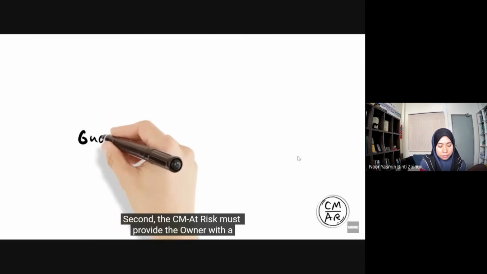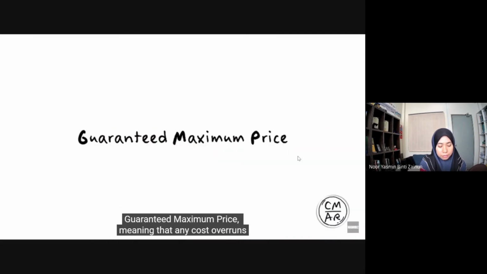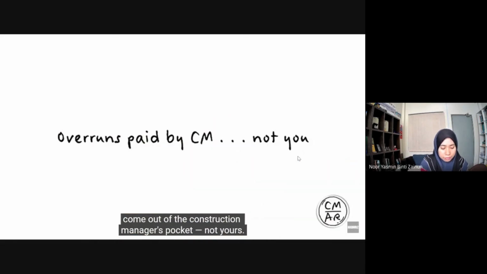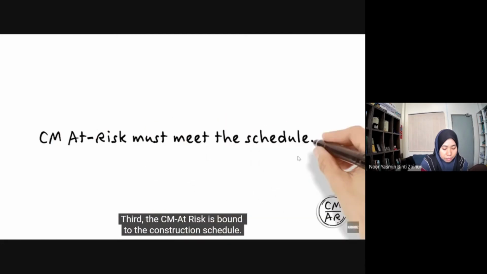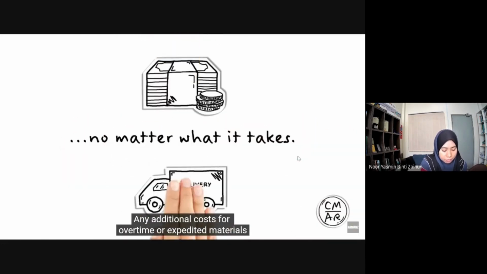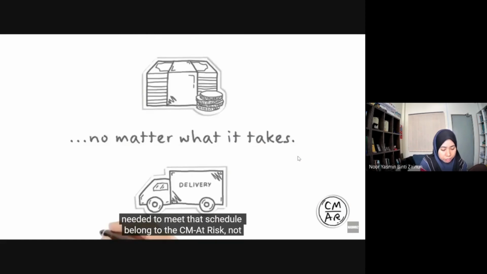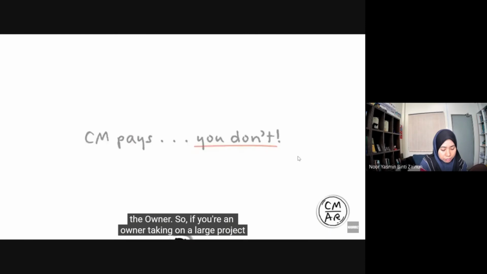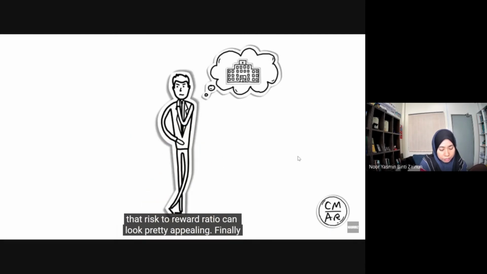Second, the CM at Risk must provide the owner with a guaranteed maximum price, meaning that any cost overruns come out of the construction manager's pocket, not yours. Third, the CM at Risk is bound to the construction schedule. Any additional costs for overtime or expedited materials needed to meet that schedule belong to the CM at Risk, not the owner. So if you're an owner taking on a large project, that risk to reward ratio can look pretty appealing.